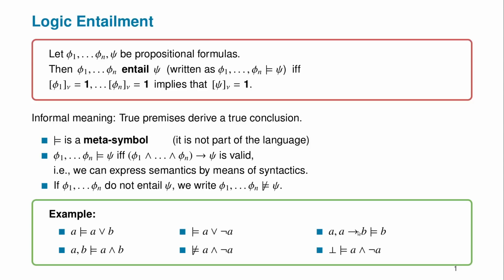Here in the third column on the top we have something interesting. We have A as the first formula, and we have A implies B, and the claim is that this entails B. This we can also check. Whenever A is true, then it depends on the value of B if all formulas on the left hand side are true.